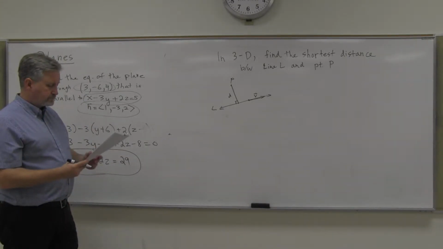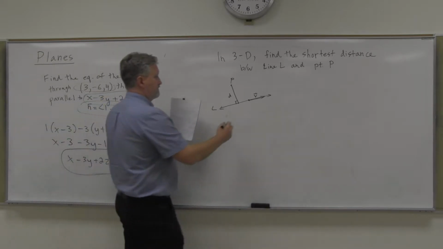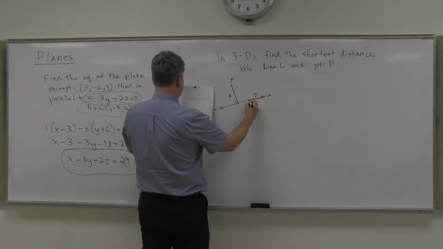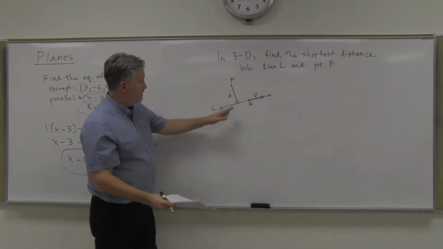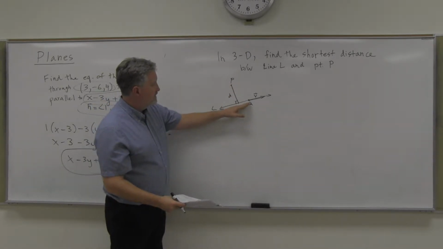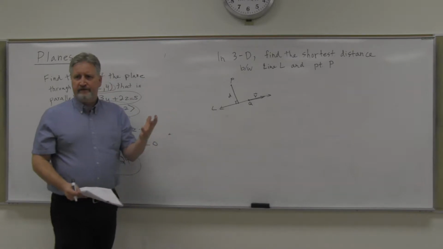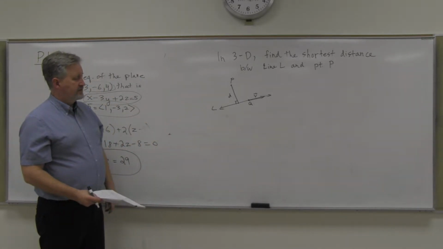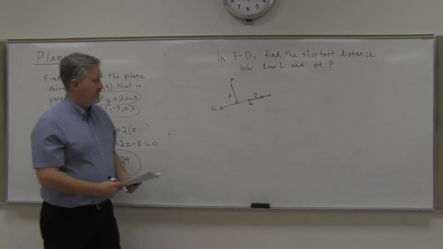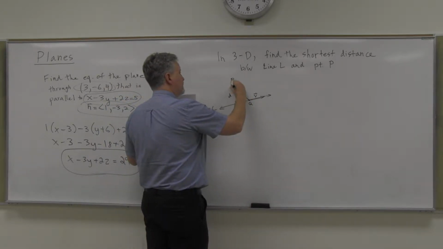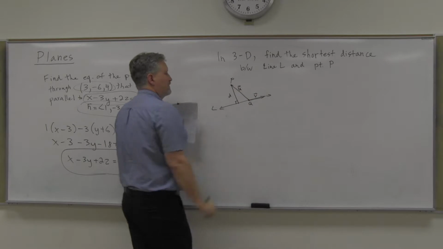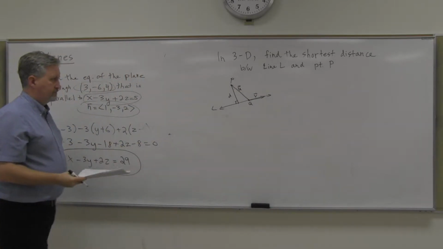Then let Q be a point on the line, because we don't know what this point is on the line. We'll just let Q be the initial point of the vector there. And then we'll make this U vector from point Q to point P.